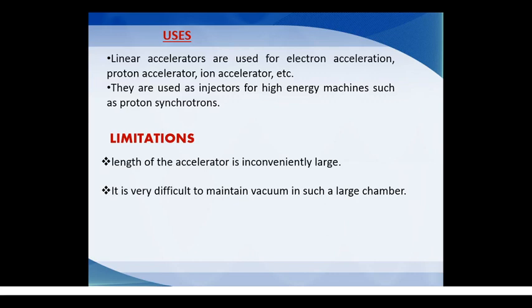Also, it is very difficult to maintain vacuum in such a large chamber. So these are the main two limitations. That is, it is difficult to maintain such a vacuum in a large chamber. Also, it's inconvenient to handle if there is a large number of drift tubes.